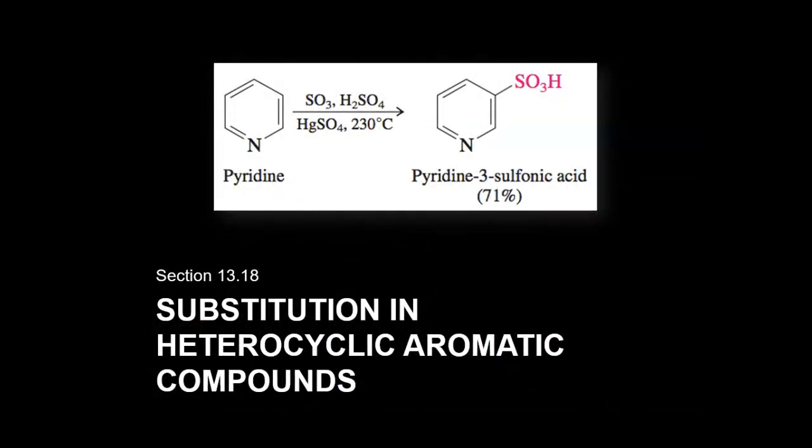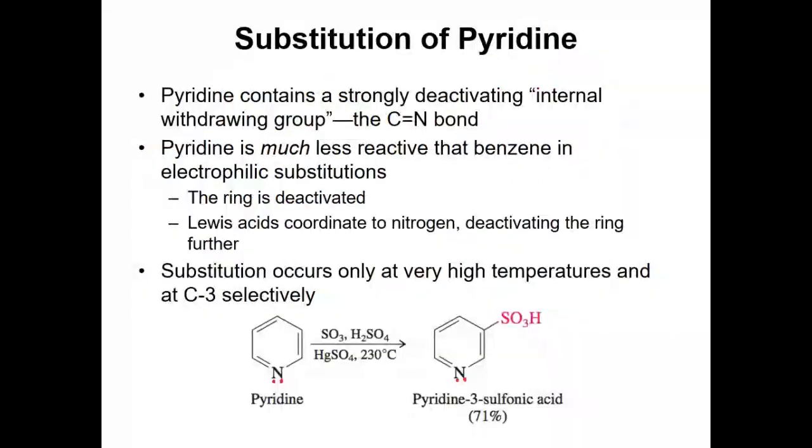Now the heterocyclic compounds can also undergo EAS reactions. What I mostly want to discuss is pyridine and pyrrole. If you recall in organic 1, we already discussed the difference between pyridine and pyrrole.